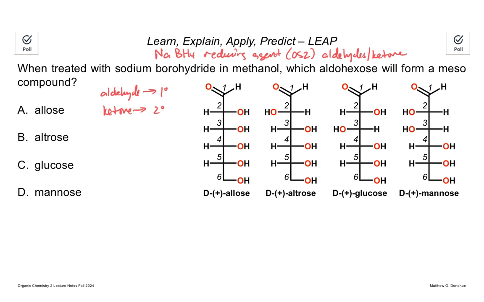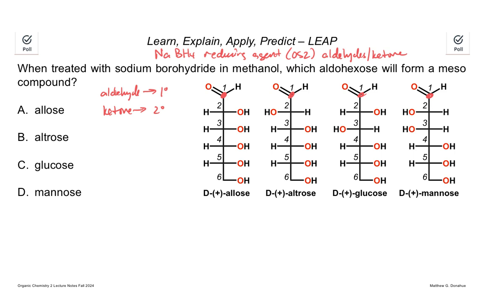Since we only have aldehydes in here at carbon 1, that carbon 1 is going to be the primary alcohol. And the question says, of these 4, when you run that, which one becomes meso? Do you remember what the word meso means? A meso compound has to have stereogenic centers, but what makes it meso is an internal mirror plane.